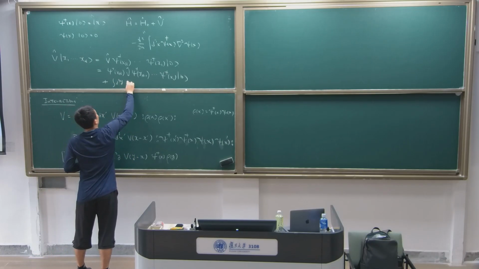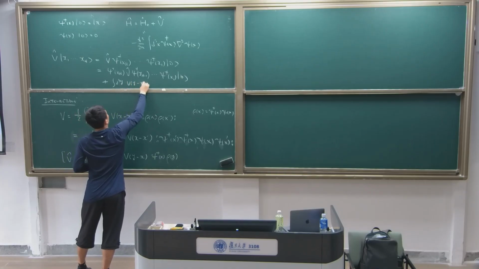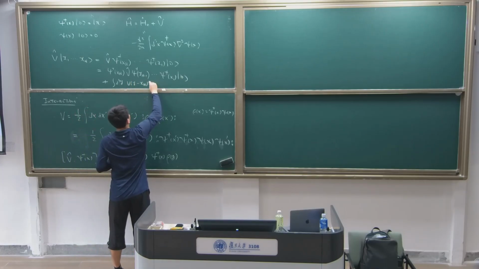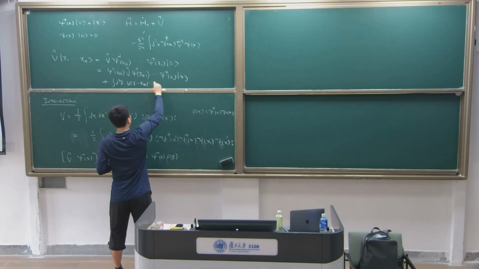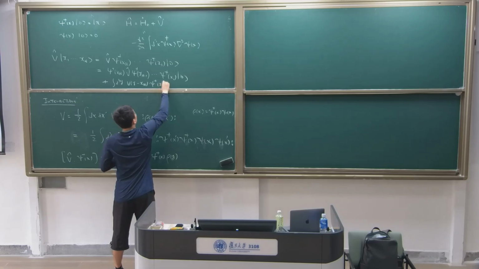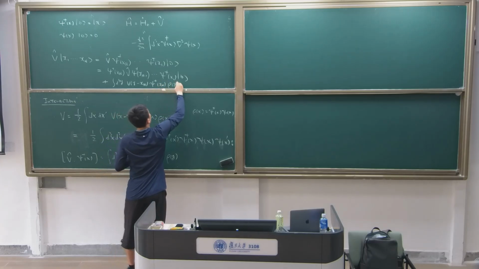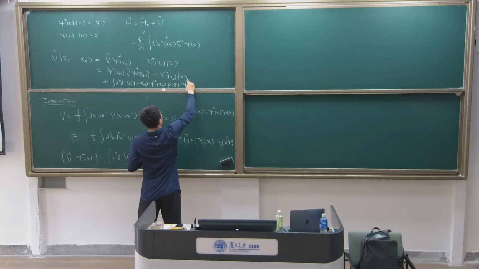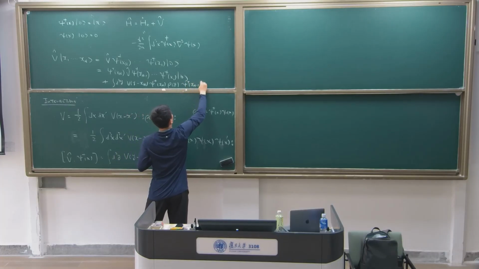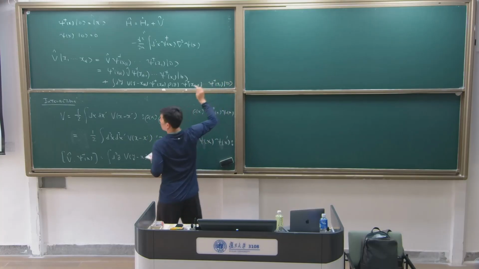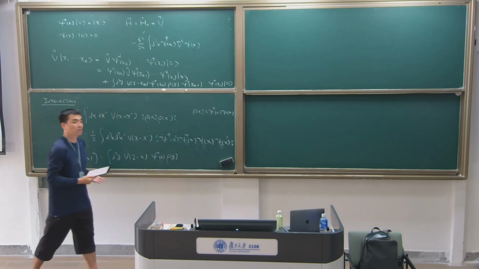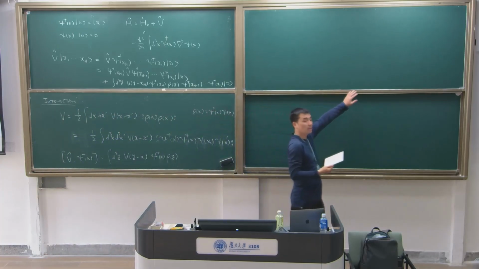We choose y, y minus xn, and then psi dagger xn and rho of y, and then psi dagger xn minus 1 to psi dagger x1. Like this way.